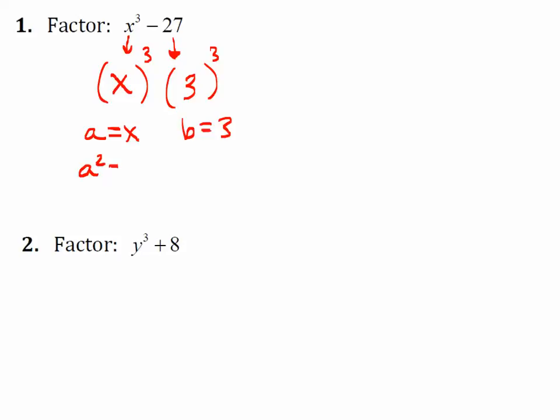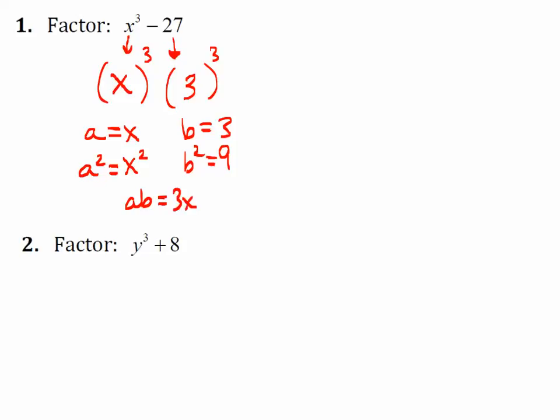So how about if you square the A? What's going to happen here? X squared. Square the B gives you 9. And what happens if you multiply the A and the B together? 9x squared? No, just the A and the B, so just 3x.